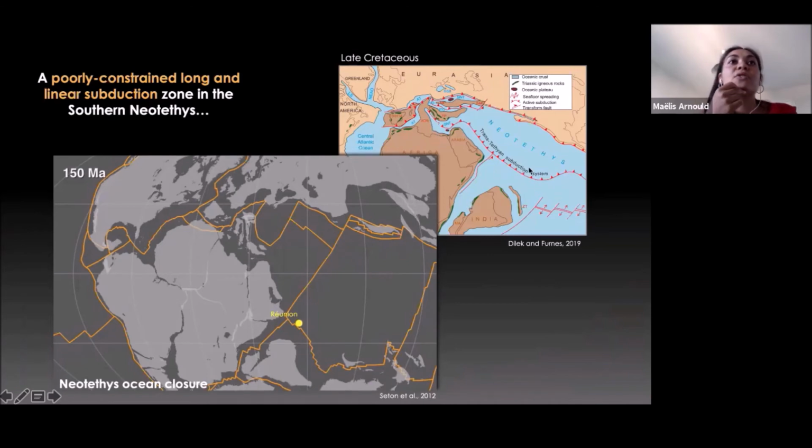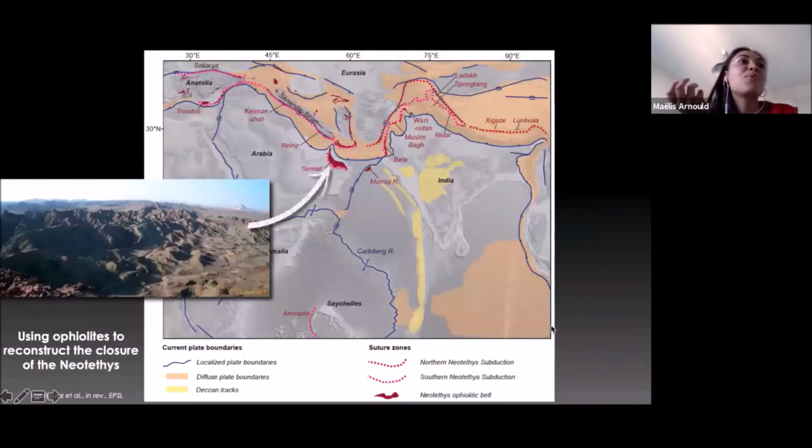And since this ocean has now entirely vanished, it's quite difficult to reconstruct what was going on here. We have quite sparse remnants of this activity, in the form of ophiolites, which are shown here in red.